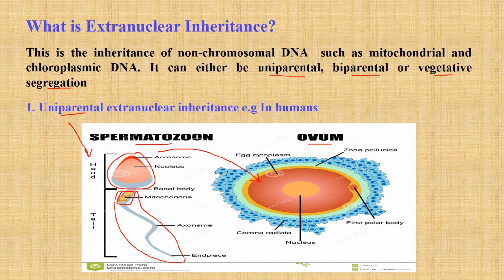And because the mitochondria is excluded, it means that the mitochondrial DNA will also be excluded from the offspring that will be produced from the fertilization.